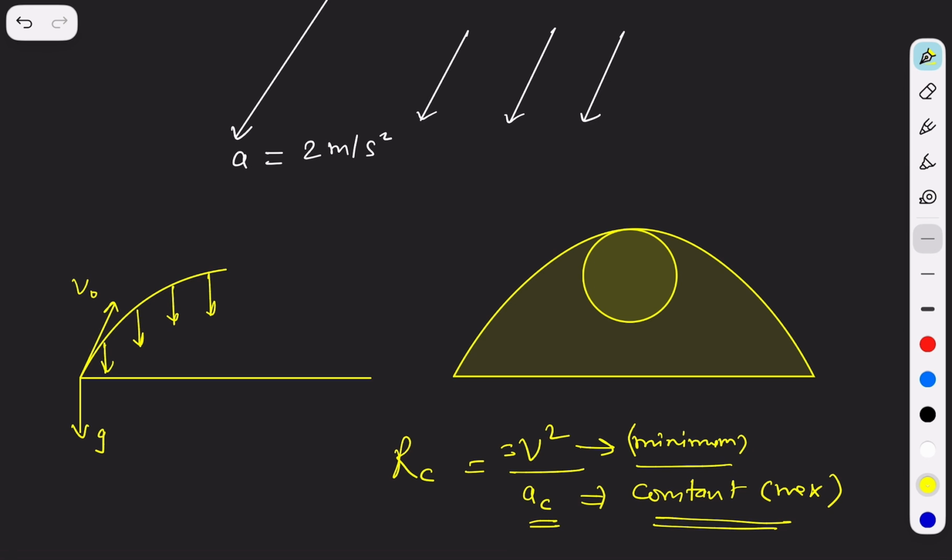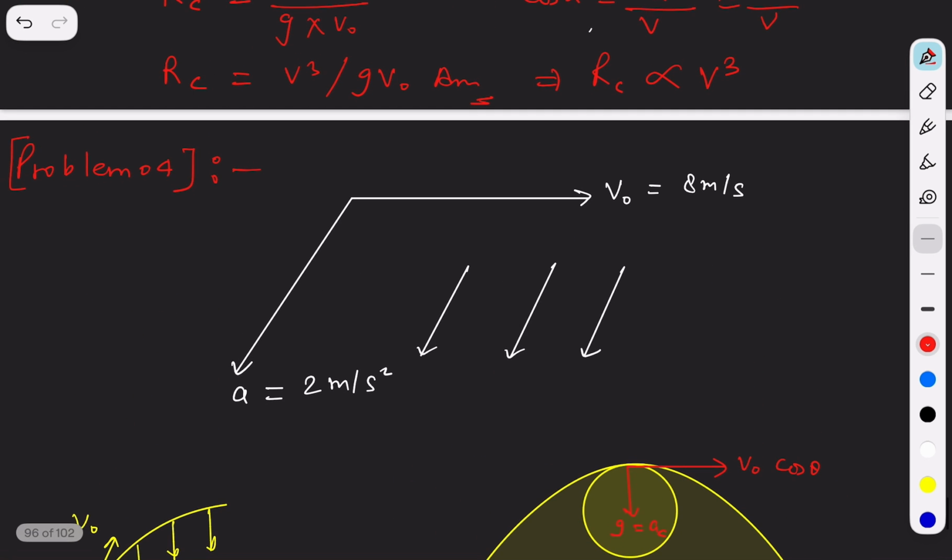So using this idea, if I make this, this is gravity, and this is your AC, and this will be your v naught cos theta, where theta is this angle. They have given this angle as 150 degree.